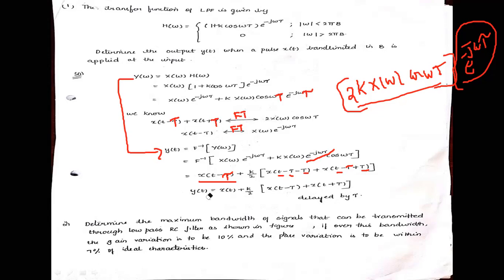Why am I taking only this function? See all the terms here, x of t minus T with the tau, and x of t plus T.